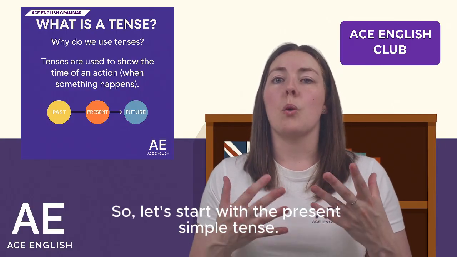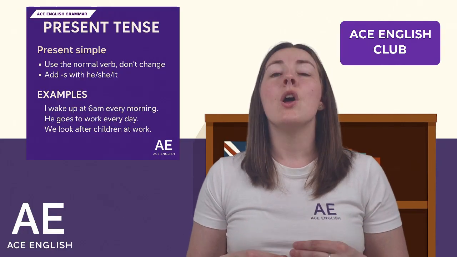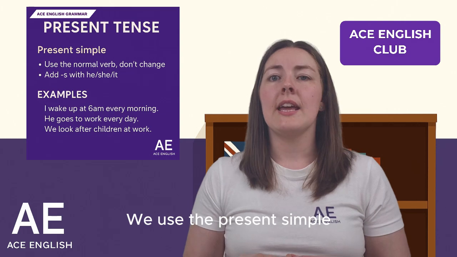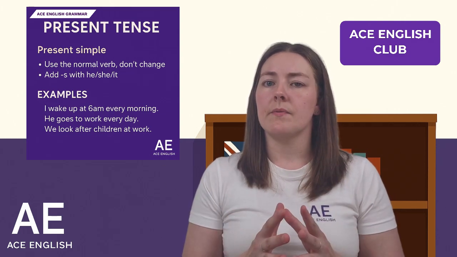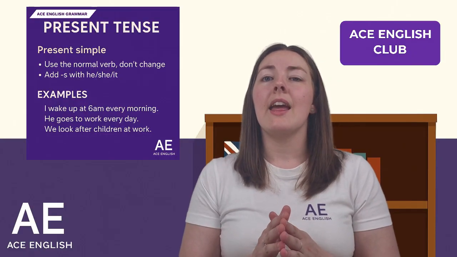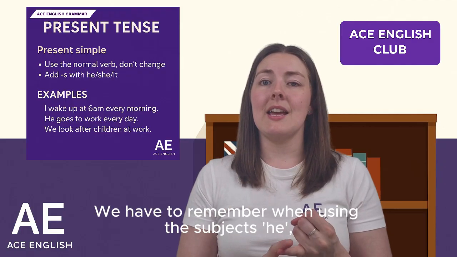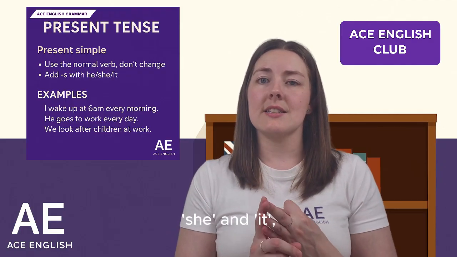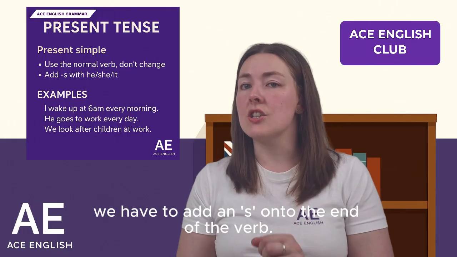So let's start with the present simple tense. We use the present simple for actions that are a routine or general truths. We have to remember when using the subjects he, she and it, we have to add an S onto the end of the verb.